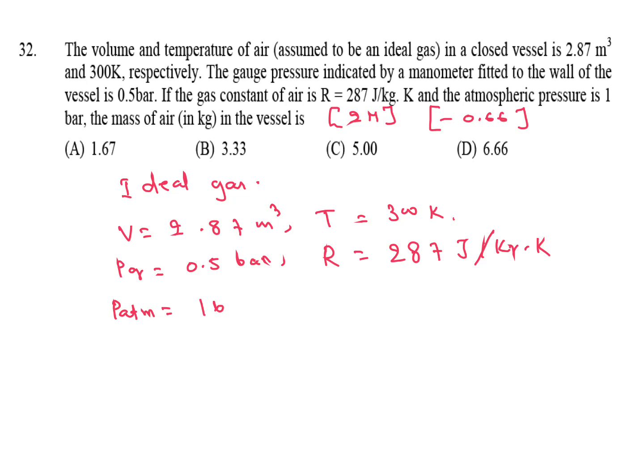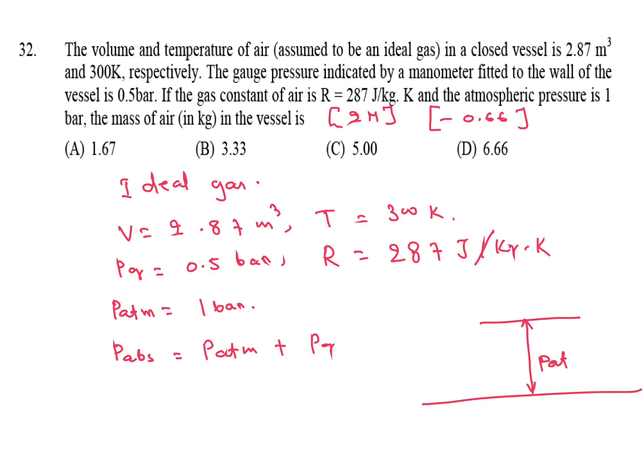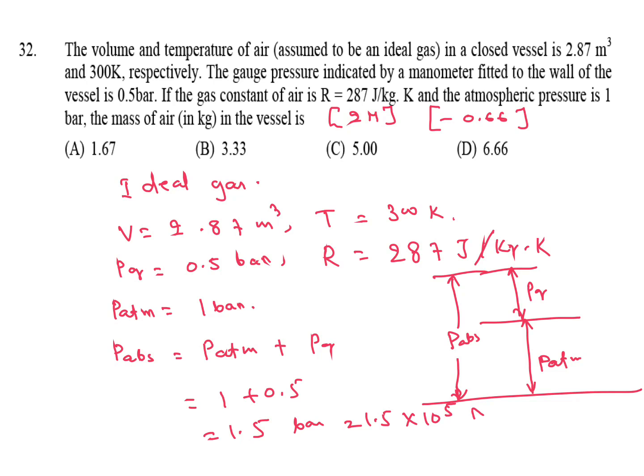So from here we can get the absolute pressure. P absolute is P atm plus P gauge, 1 plus 0.5, 1.5 bar or 1.5 into 10 to power 5 Newton per meter square.